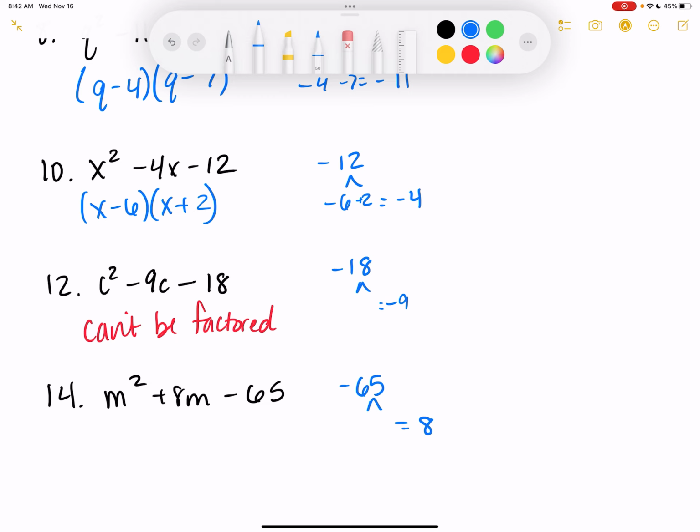When we add those together, that gives us 8. Multiply, that gives us a negative, so we're good there. So then it is m plus 13 times m minus 5.